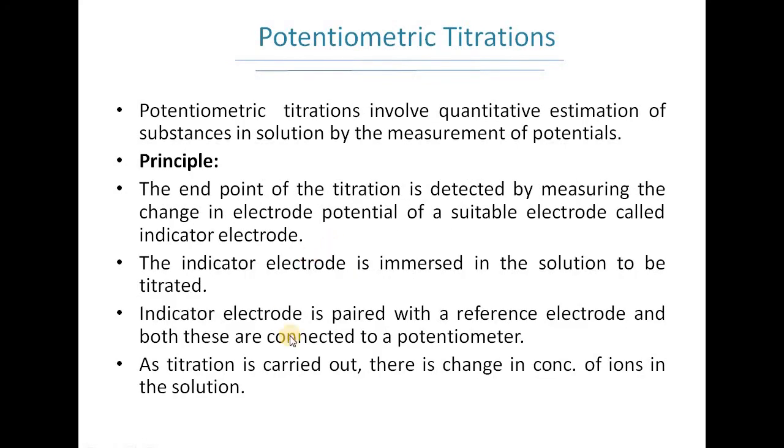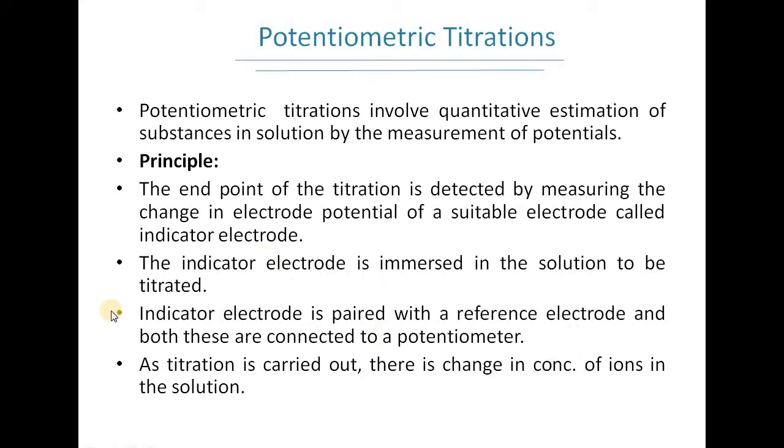How is it happening? We take the indicator electrode in the solution which we have to titrate, paired with a reference electrode, both connected to a potentiometer. As the titrant is added from the burette, there will be a change in the concentration of ions, due to which the electrode potential of the indicator electrode will change.